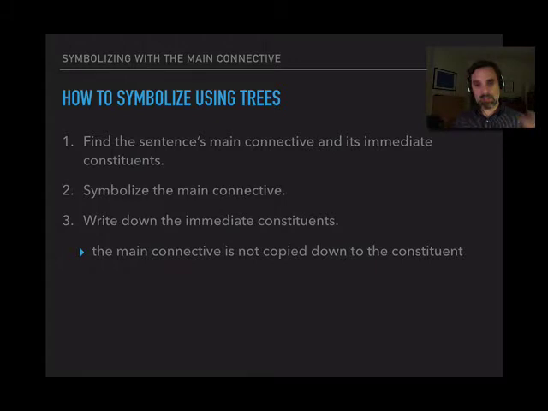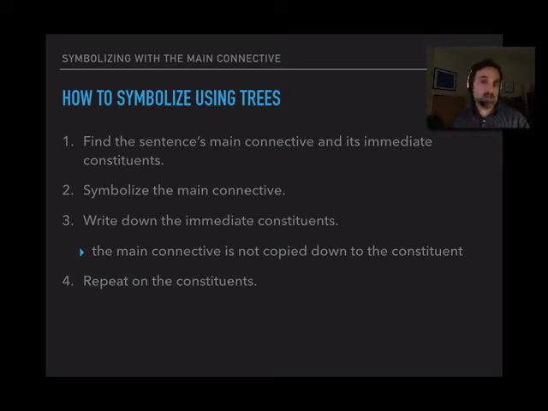But the main connective is not copied down into the text boxes because it's being symbolized. Then we just repeat this on the constituents in the text boxes until we get all the way down to the bottom, and we're at atomic English sentences, which turn into sentence letters. So that's how I want to do this.